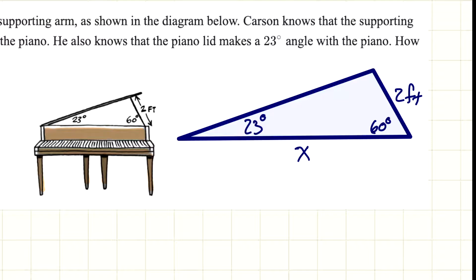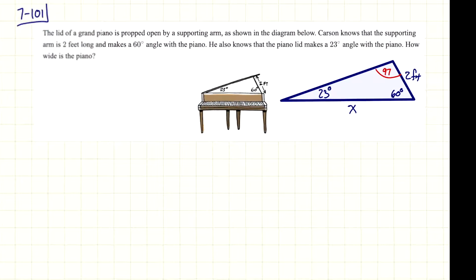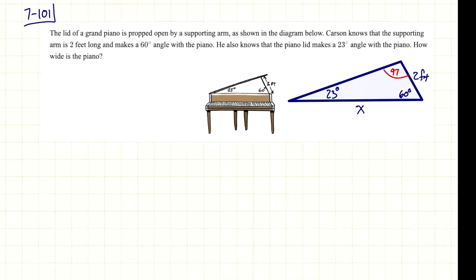So you take 180 and subtract 60, and subtract 23, that gives us 97. So if you said 97, you did that correctly. And the last part is that you use either law of sines or law of cosines. I'll let you decide, and then let's see what answer you get.